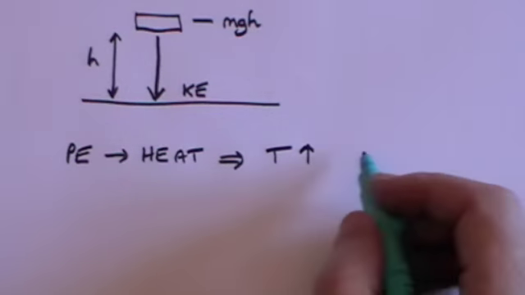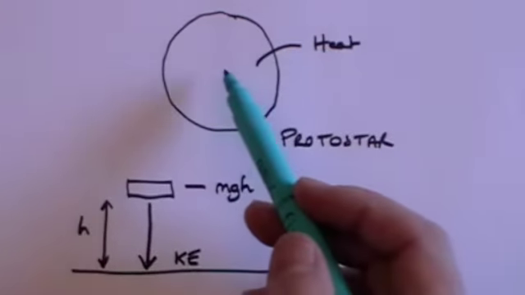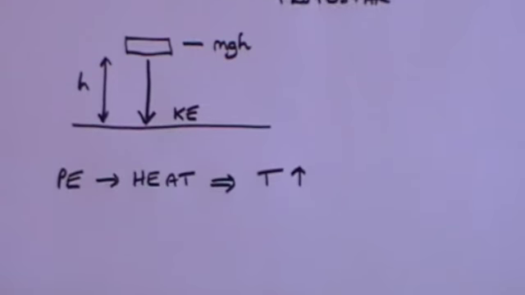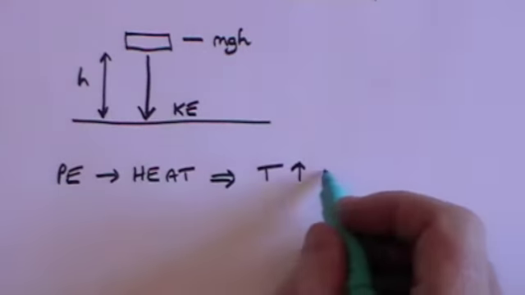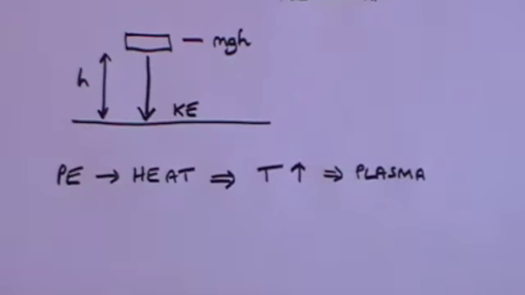And it will rise to, in the centre of this protostar at any rate, several million degrees. And if that happens, then as we've seen before, you enter the state of matter called a plasma. A plasma is where the gas gets so hot that the electrons have enough energy to escape from the atoms, and you're simply left with the positively charged nuclei.